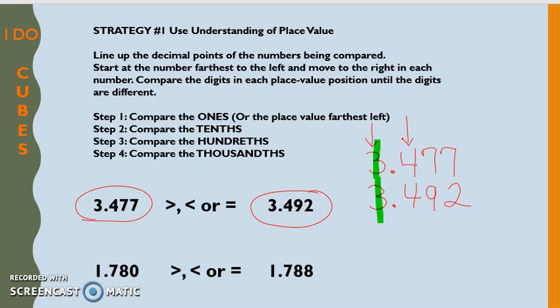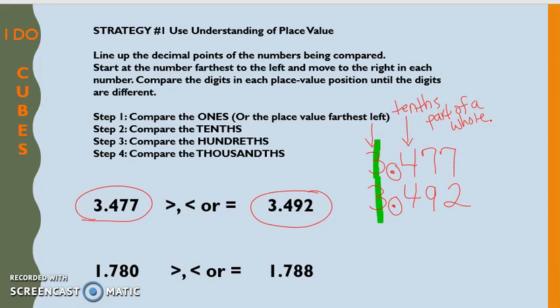Remember, when we move past these decimals, we are now in parts of a whole. This is the tenths, and this is a part of a whole. As you will see, we have 4 tenths in each one of our numbers.